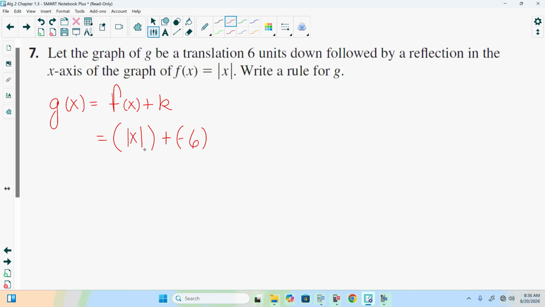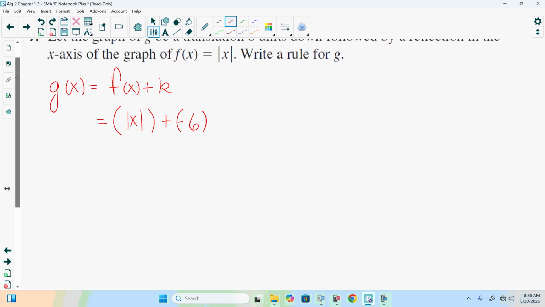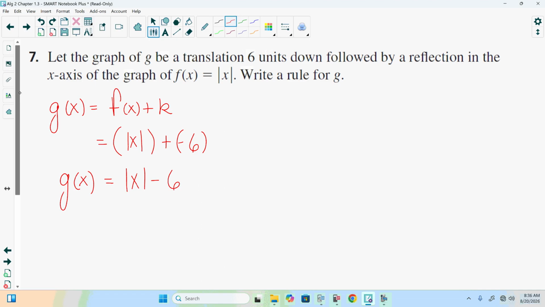So we replace it just with the absolute value of x. Nothing in front of the parentheses with our absolute value of x, so it's just going to stay the absolute value of x. Plus negative 6 is going to become minus 6. Followed by a reflection in the x-axis.